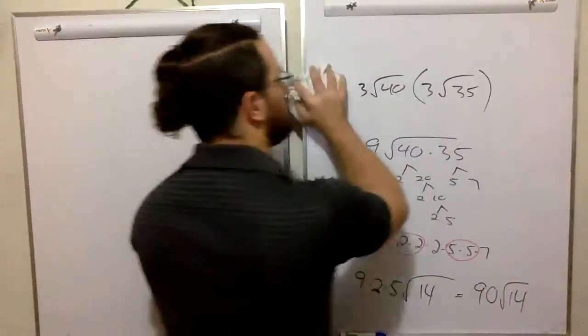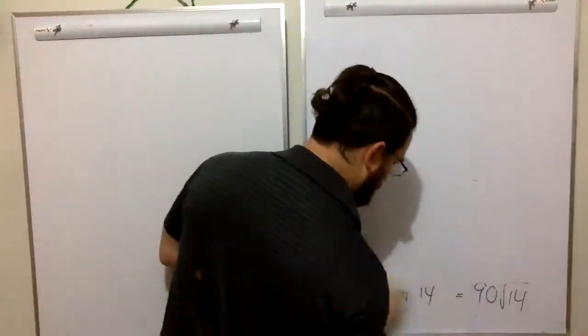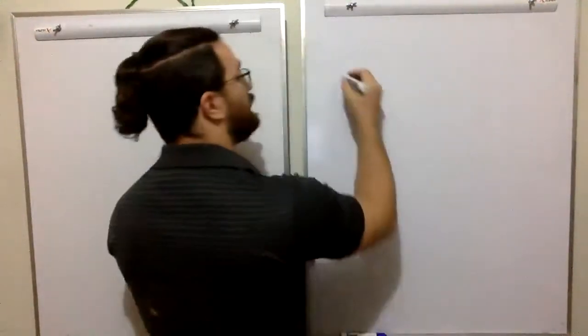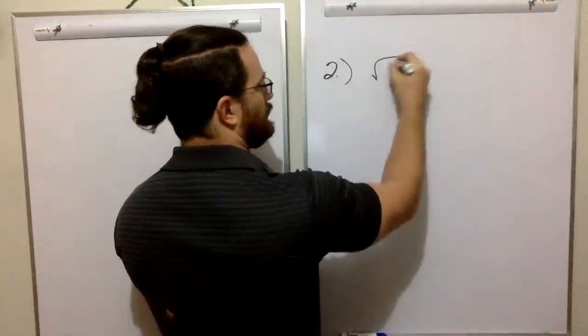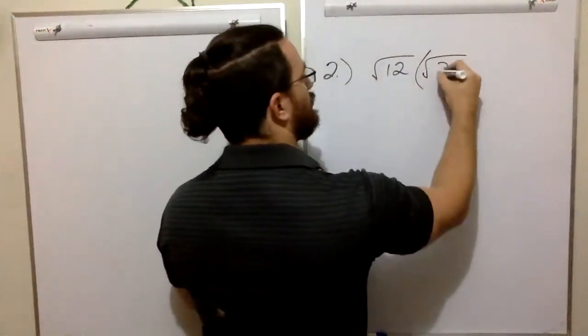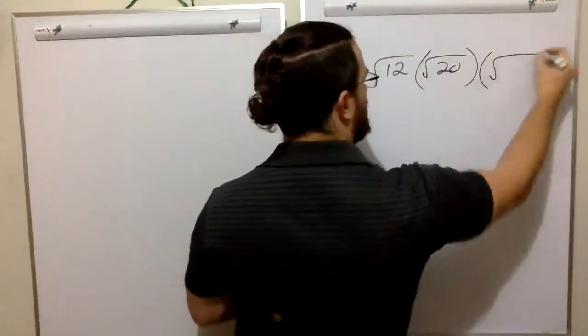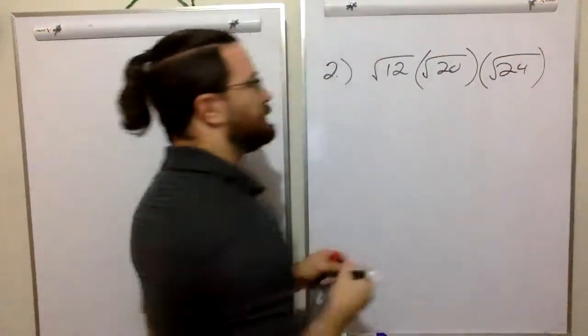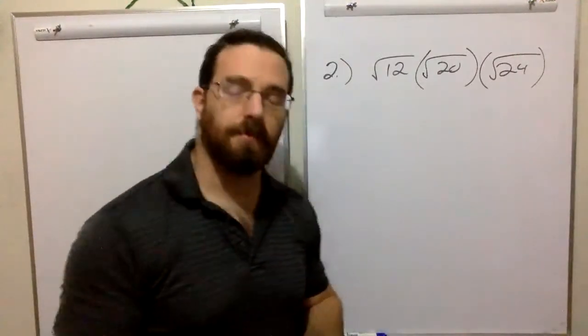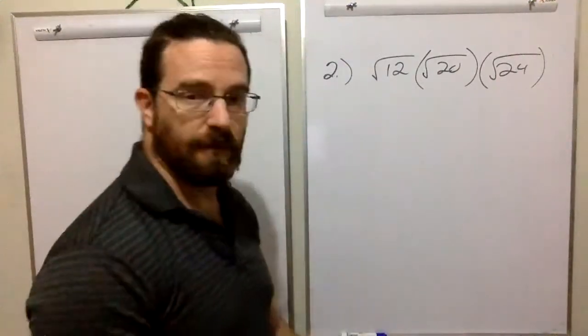Next one. If I have radical 12 times radical 20 times radical 24. Again, pause it for a second, try it on your own, and then I'll work the solution out for you.